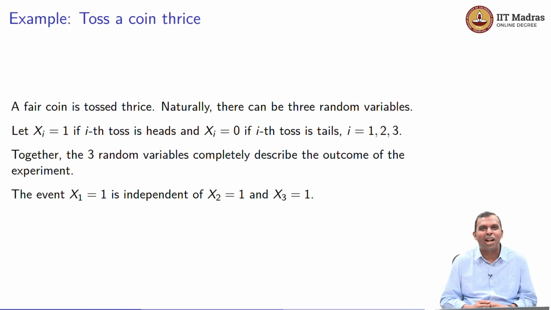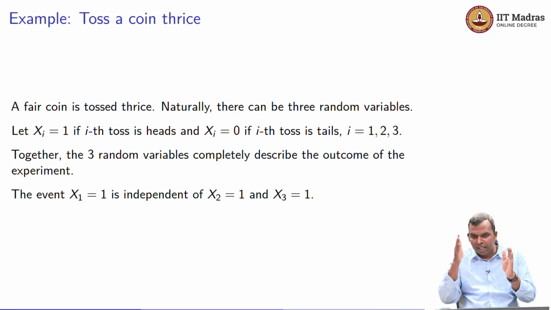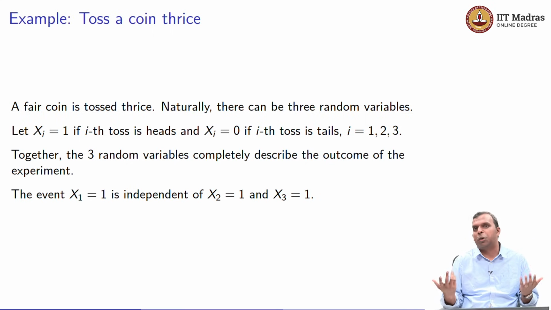It's just 0 and 1, but still, x1 equals 1 is independent of x2 equals 1, and it's independent of x3 equals 1. So each random variable, even though all of them live in the same probability space, is talking about independent occurrences in the experiment. And so if you just define events with each of them separately, those events are going to be independent. Okay. So notice what I did there.